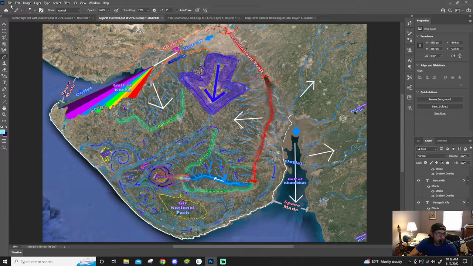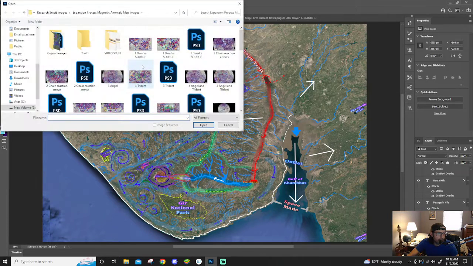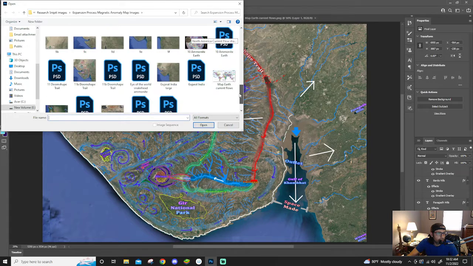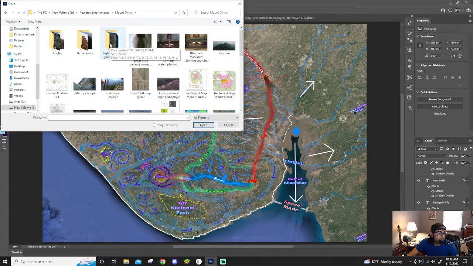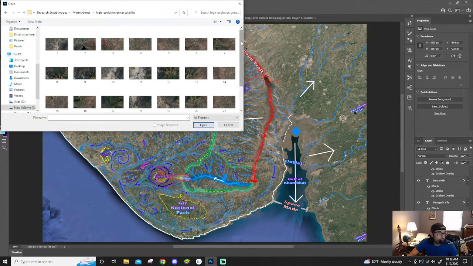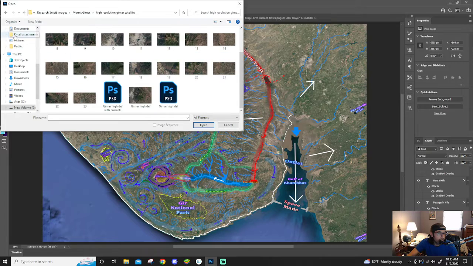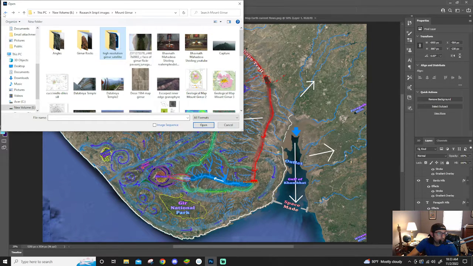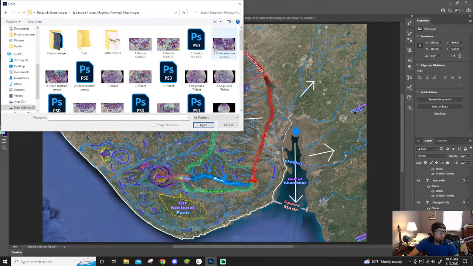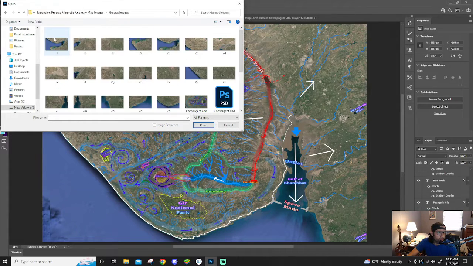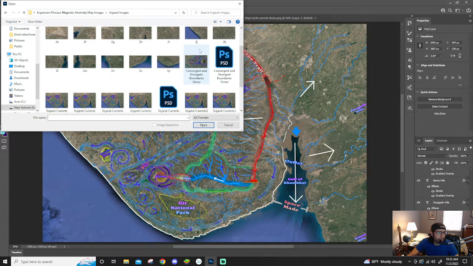This kind of makes me think, maybe I should pull out the other one too. I don't know where it is. Girnar. Where? Future hot images. That one.